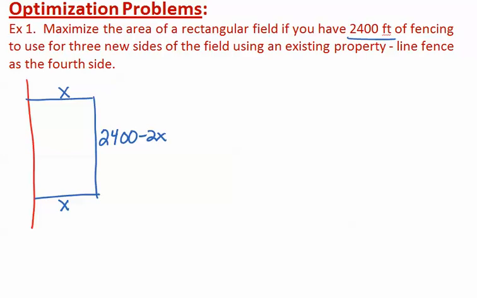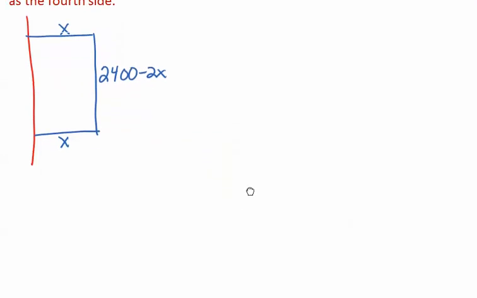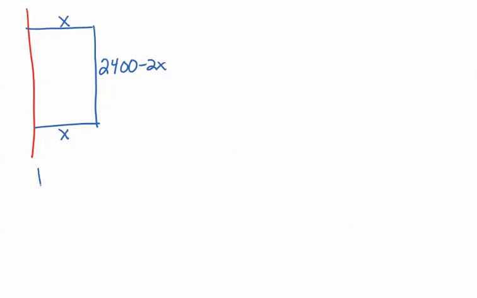So we can think about the extreme cases here. We already know we wouldn't do it, but we could build a fence where we used all of the 2,400 on these two sides, so we could go up to 1,200 and then this side would have 0. But of course the area then becomes 0 because the rectangle collapses into a segment.